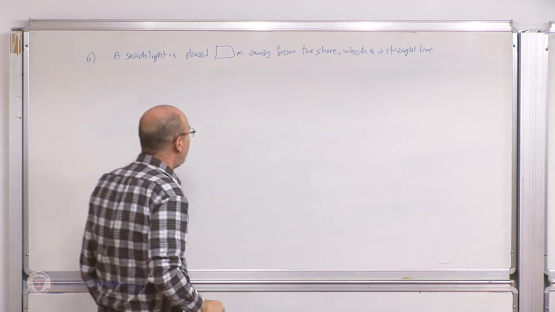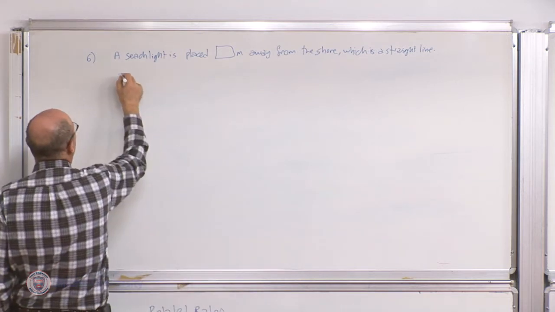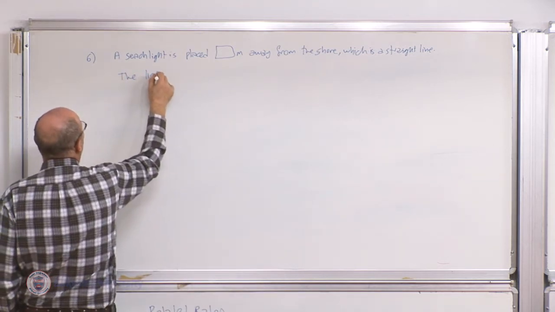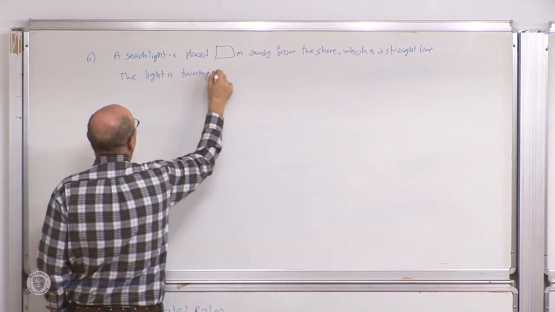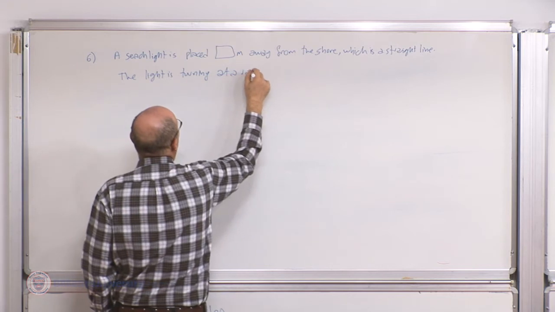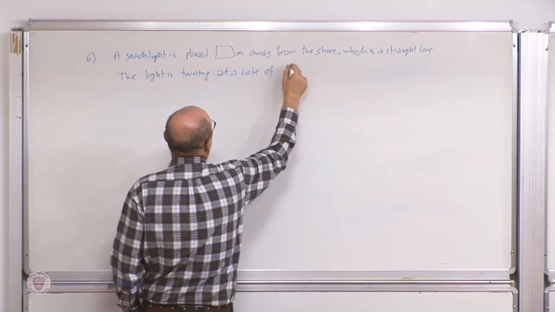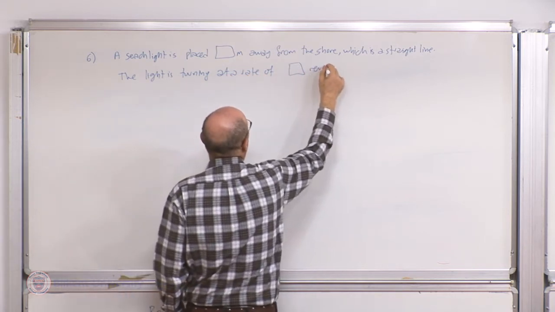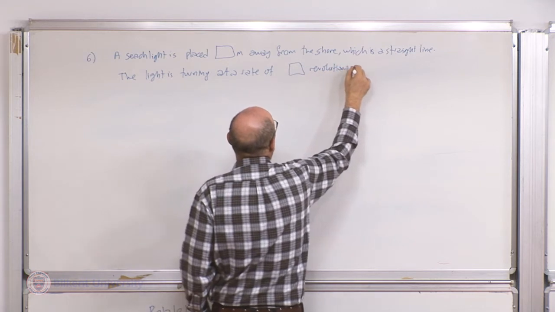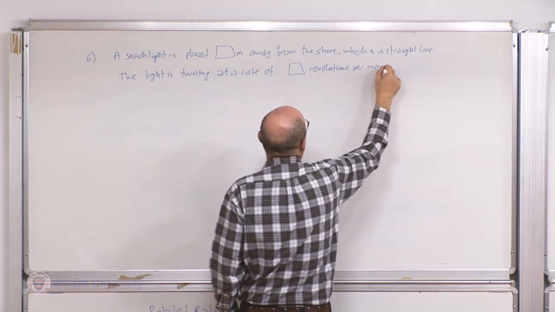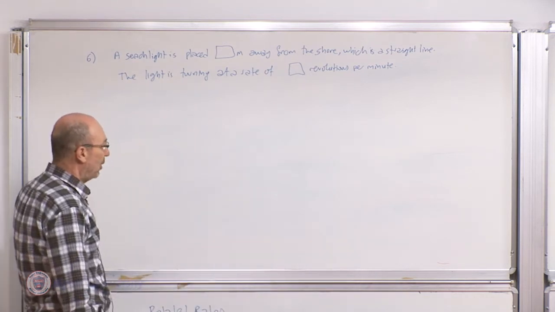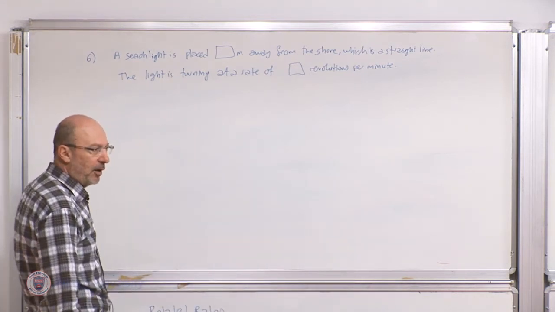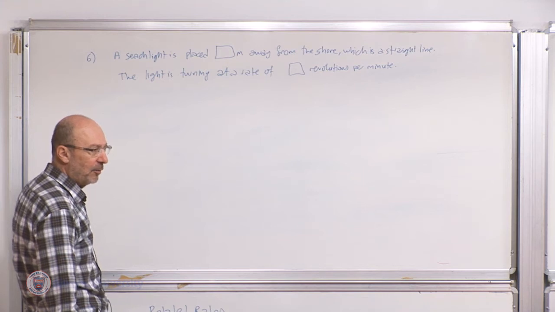Okay. The light is turning at a rate of so many revolutions per minute. Okay. So we have to find something.